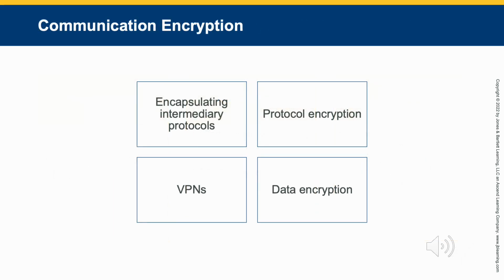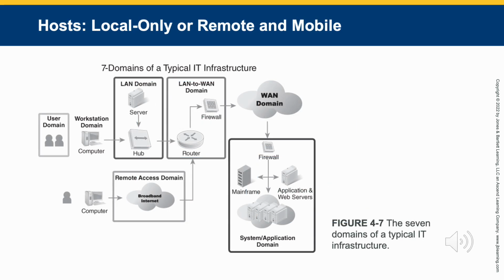Communication encryption. That process involves encapsulating the intermediary protocols, VPNs or virtual private networks, protocol encryption, and data encryption. For host, we want to look at local host only or hosts that are remote and mobile. Users inside the network, servers, and computers inside the network would be local only.